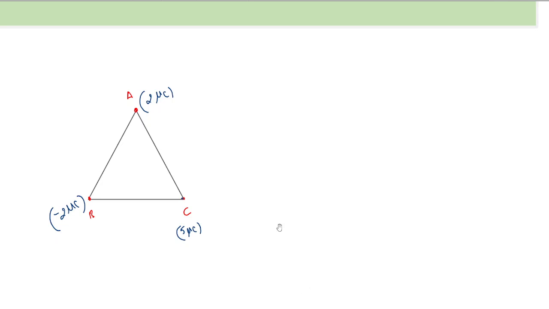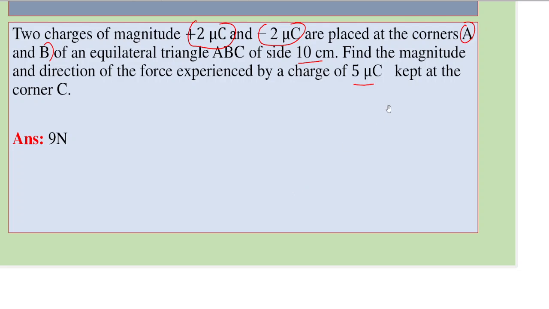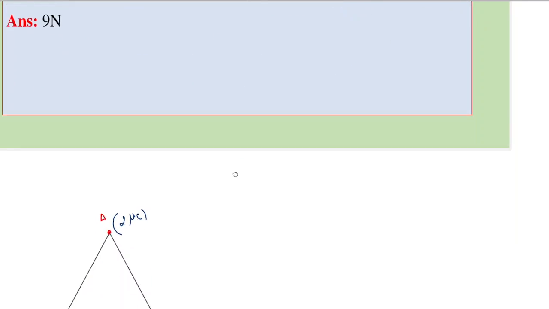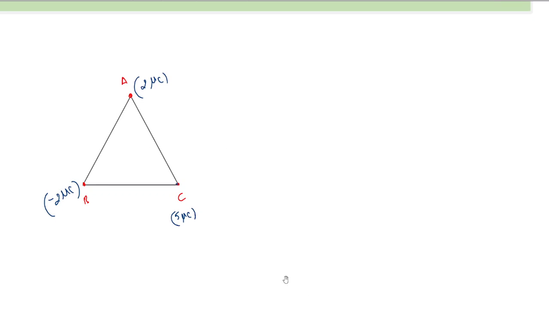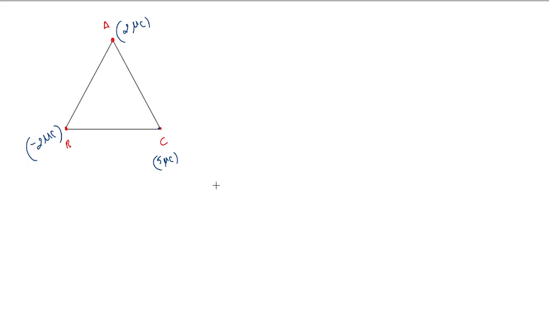So the question says find the magnitude and direction of the force on the charge kept at C. In this case, same as the previous examples, charges kept at point A and point B would exert a force on the charge kept at point C, and we should add them by vector addition.